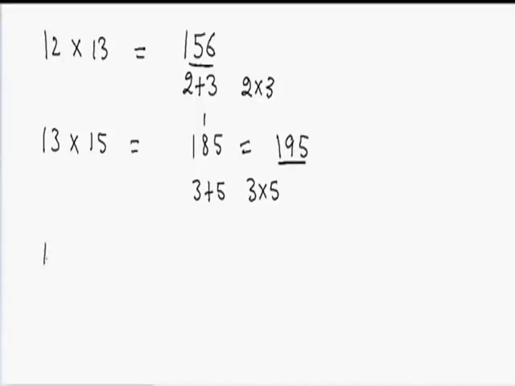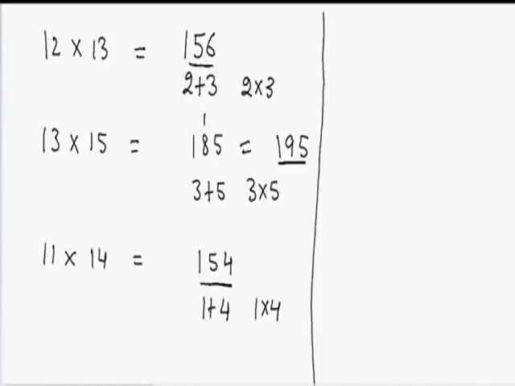Again, if I have 11 and I want to multiply by 14, then that will be equal to 1 plus 4, it's 5, and 1 into 4, that's equal to 4. The answer is 154.